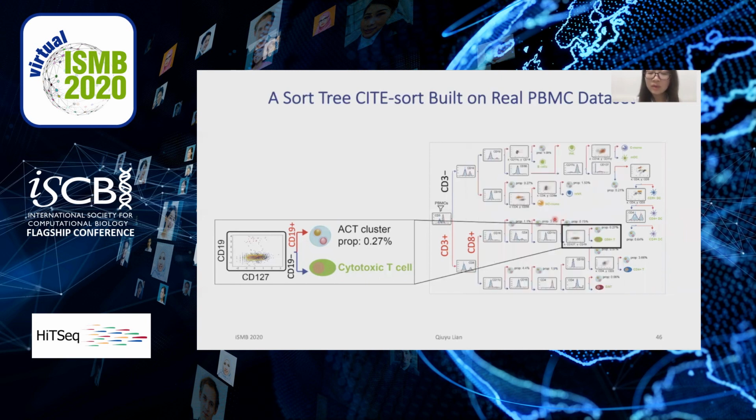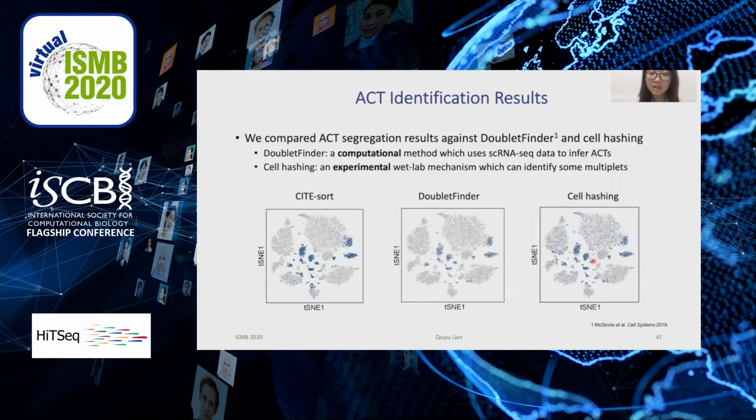In this way, we could annotate all the cell types and the putative ACT clusters in this sort tree. And then we merge all these ACT clusters into a single cluster and highlight it in this t-SNE plot. Then we got this figure. It shows ACTs segregated by CITE-sort.